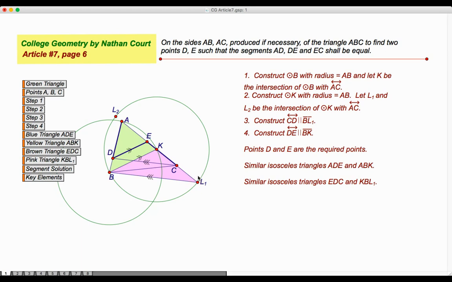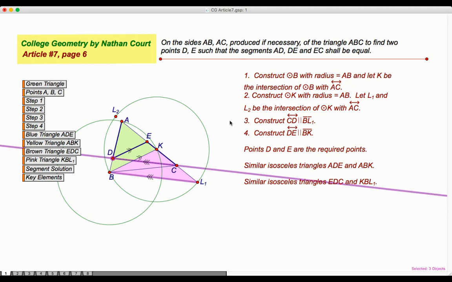Once I located L1, I can construct BL1 and then from point C, construct a line that is parallel to BL1 to locate point D. Okay, so that is step 3. Construct CD parallel to BL1.